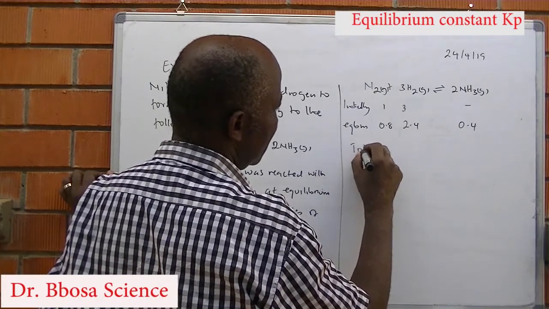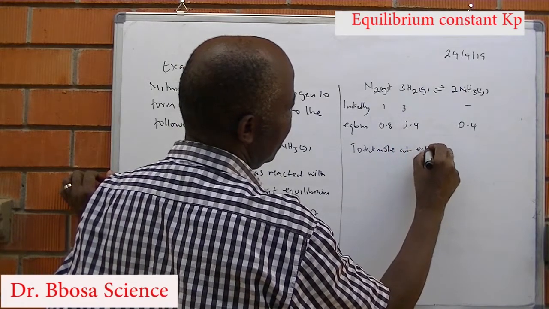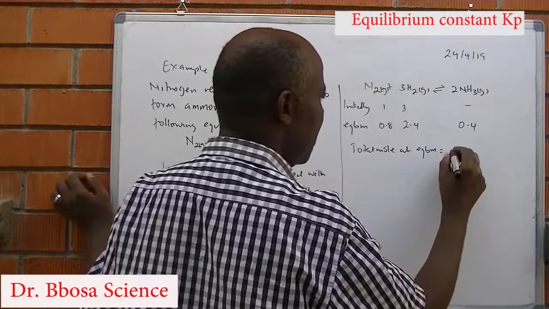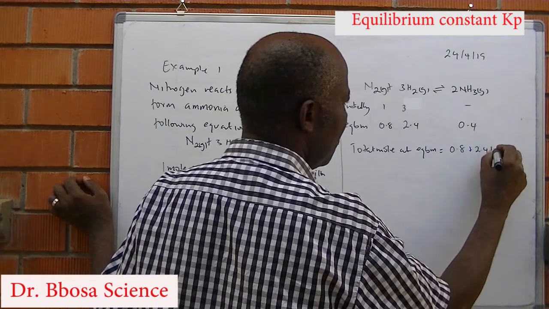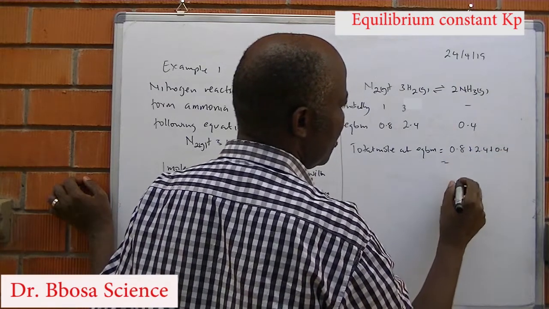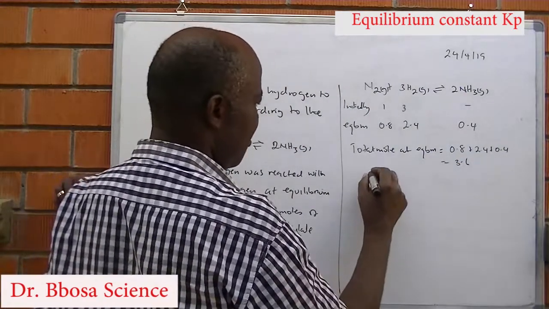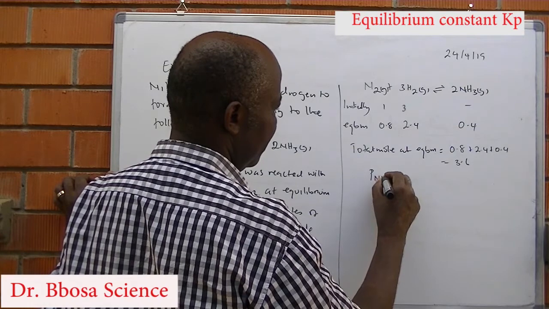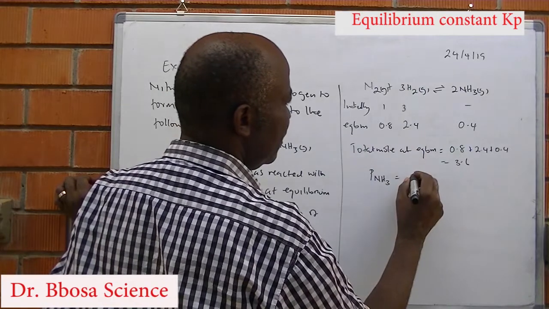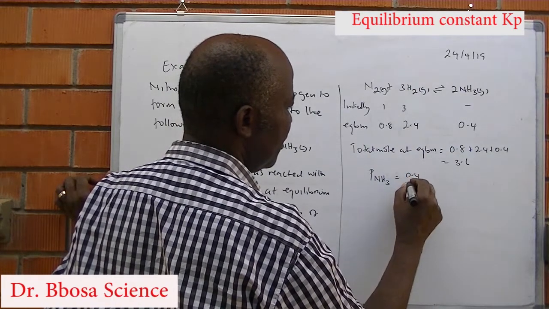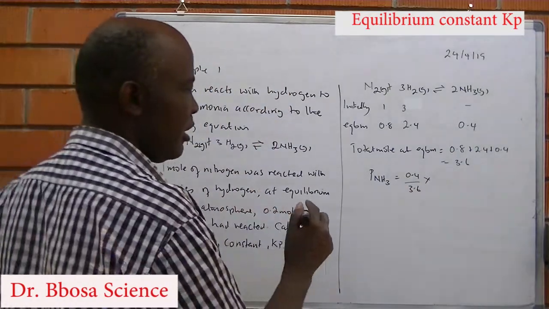So total moles at equilibrium will be equal to 0.8 plus 2.4 plus 0.4, which will be equal to 3.6. Then the partial pressure of ammonia will be equal to 0.4 over 3.6 times the total pressure of the system, which is 50.